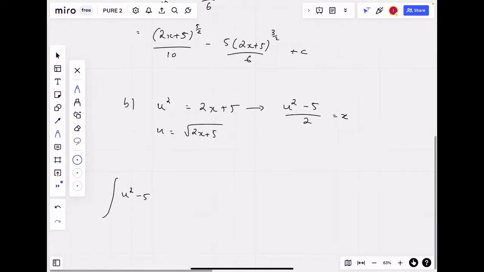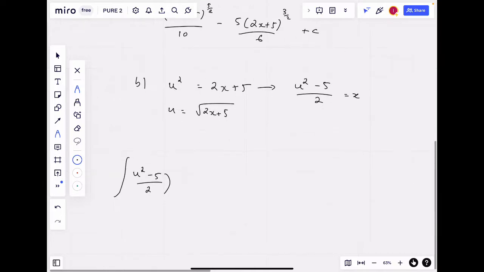U squared minus 5 all over 2, and then u, and then you want to have the du there, right? In order to get the du, you need to implicitly differentiate u squared equals 2x plus 5.